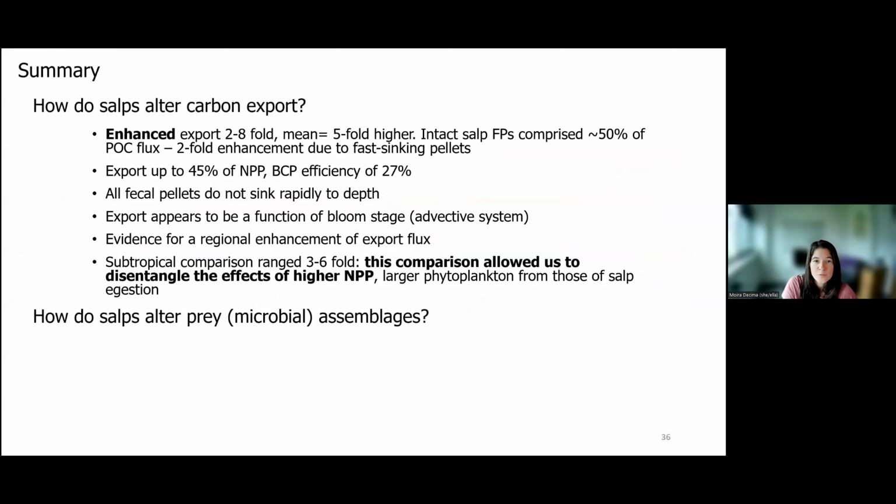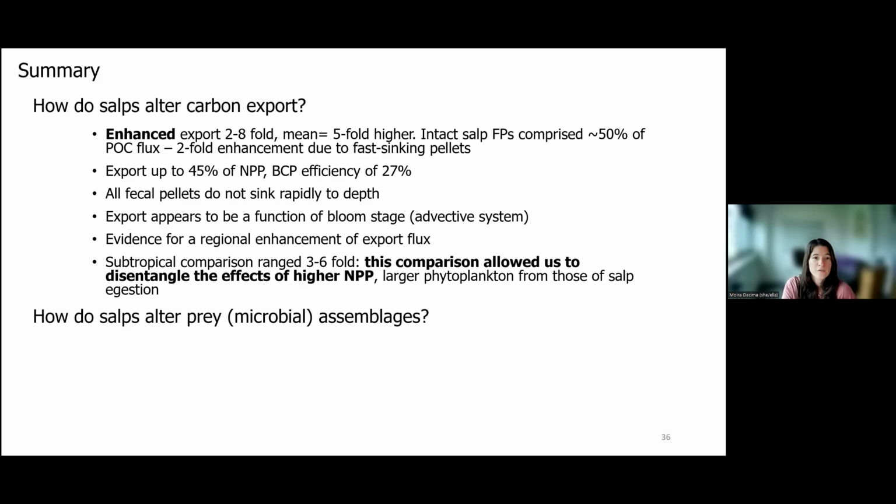Those are amongst the highest ones that we measure. But we did find that all the fecal pellets are not rapidly sinking to death. And so we did find that kind of decoupling between when we estimated fecal production to be high and when it was actually being exported, that makes sense in terms of bloom evolution within an advected system.